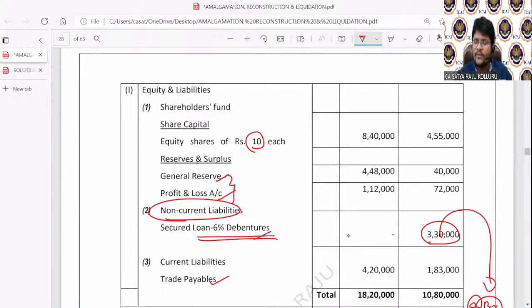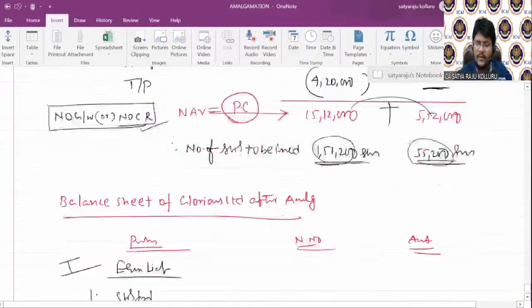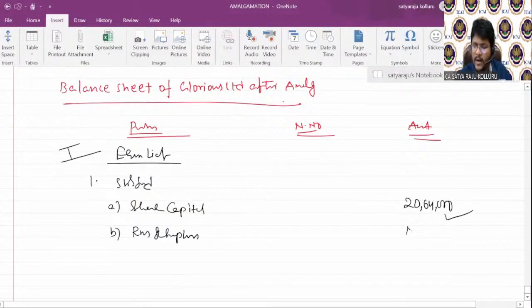But this is amalgamation in the nature of purchase. That's why reserves and surplus of the selling company are not incorporated. All such points you should bear in mind. That's why reserves and surplus is nil. Am I right? Are there any other reserves and surplus? Nothing. Next, coming to non-current liabilities.